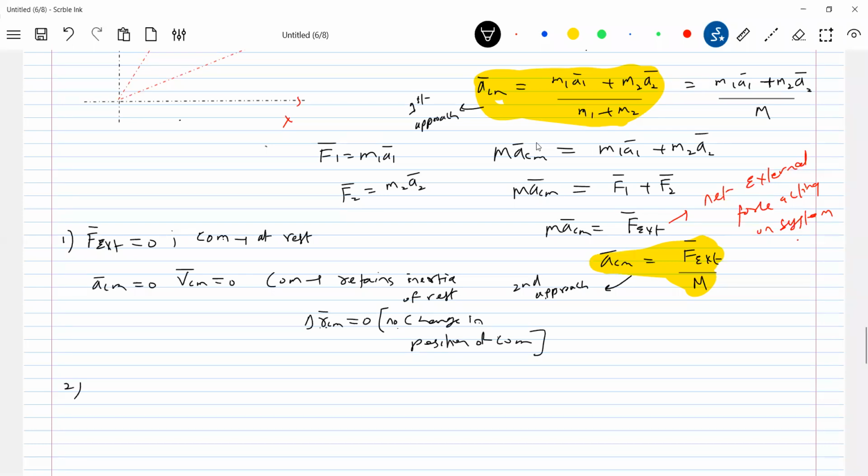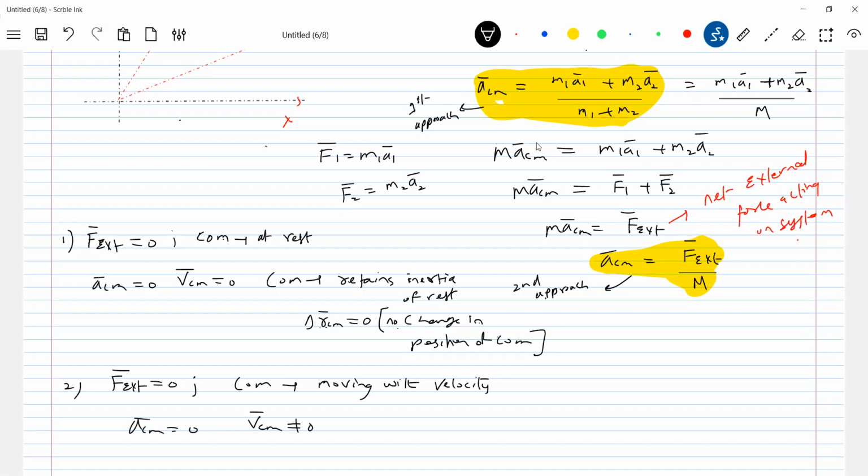Next, the second situation. If net external force is 0, and the center of mass is moving with some velocity, or having some initial velocity, what should happen? ACM is 0. What should happen to VCM? Will it be non-zero?